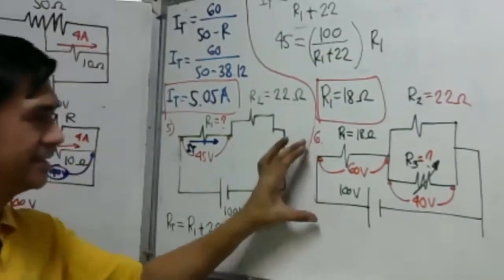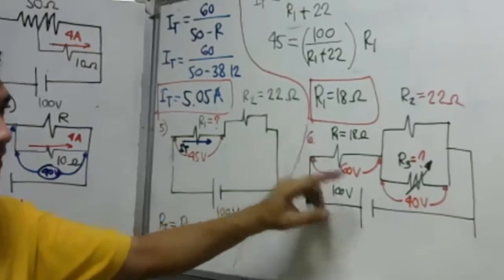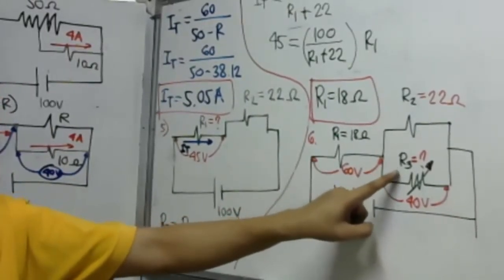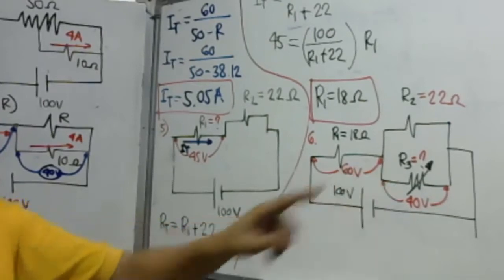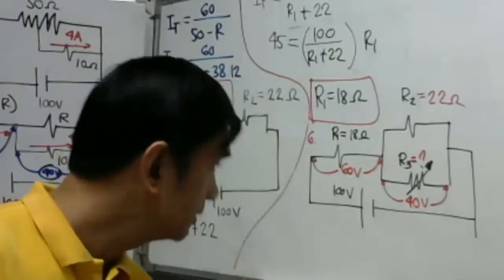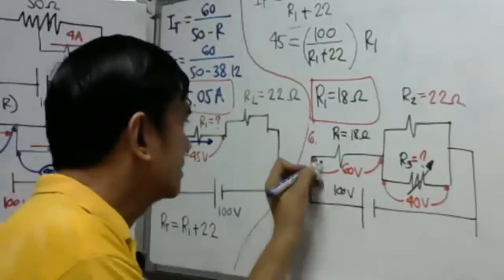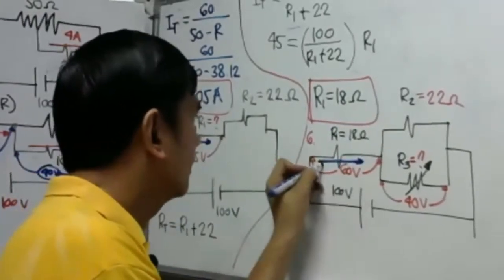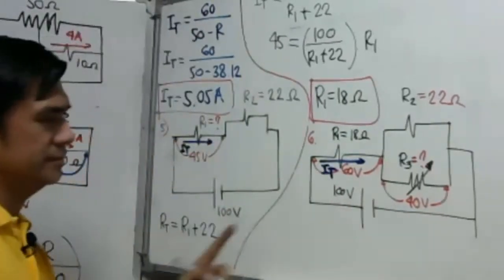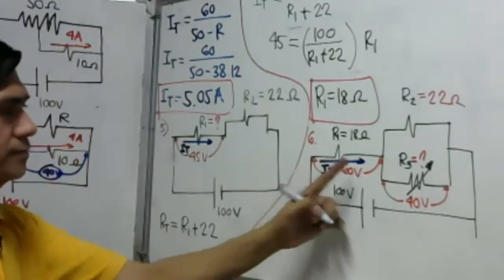Okay? So, this is the question here, what is our R3? What is the current in the 18 ohm resistance, our R1? That is our total current, right? That is the current from the source.